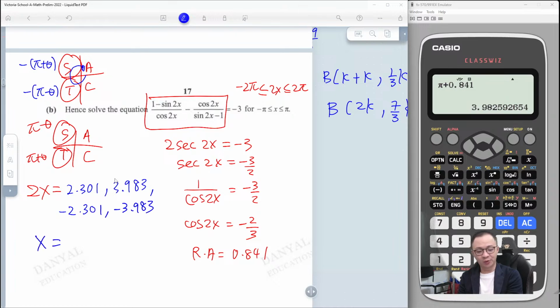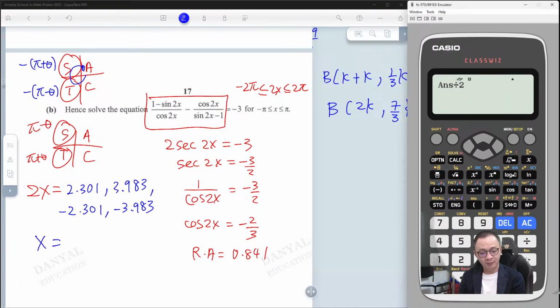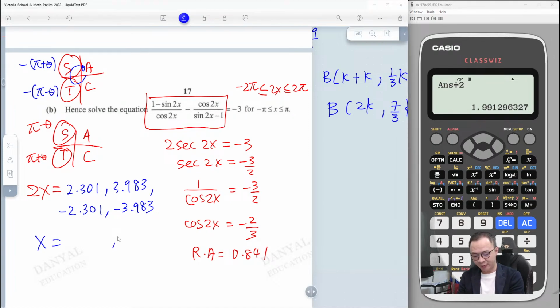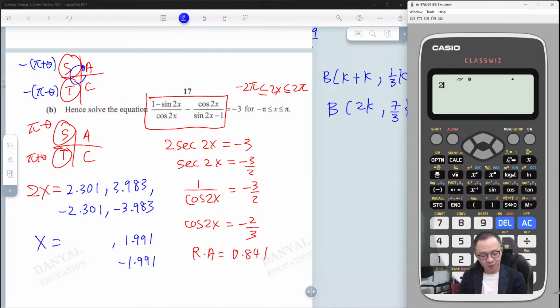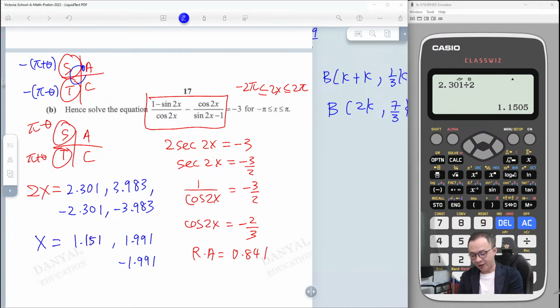Then I divide by 2 for both. So I should get 1.991, negative 1.991, 2.301 divided by 2, 1.151, negative 1.151. So you should have the 4 different answers.